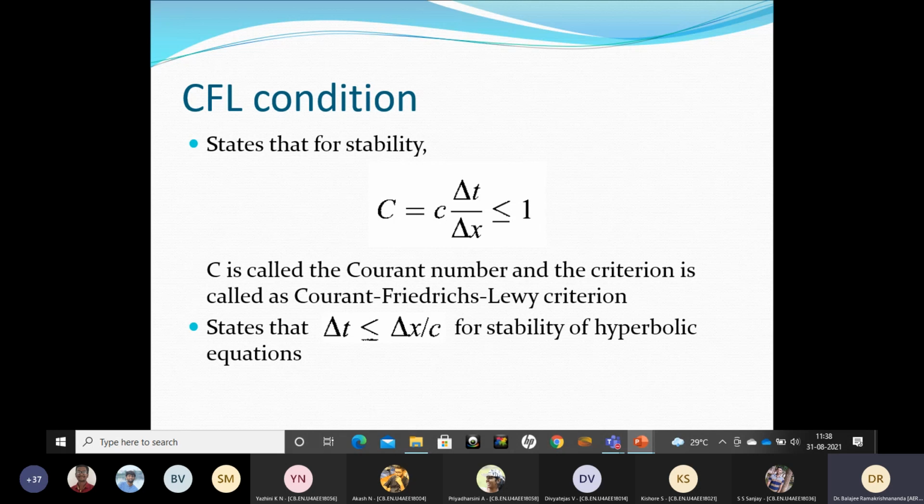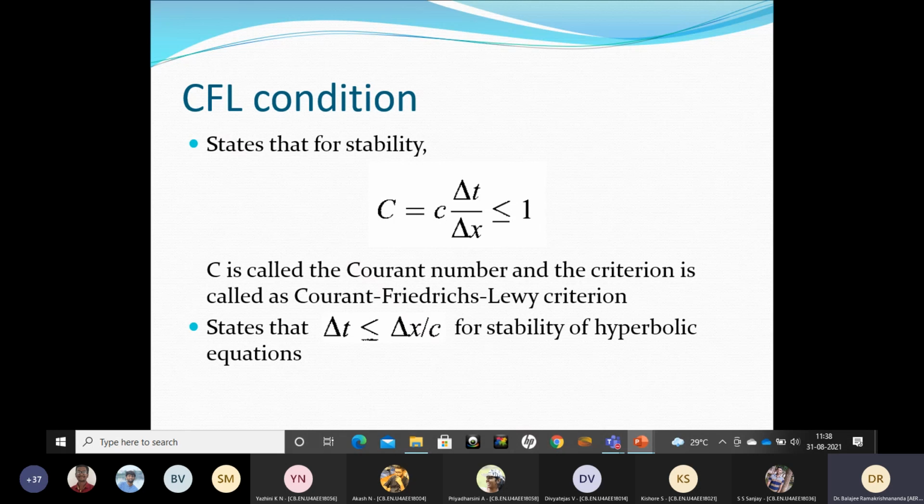So this is one important condition when the equation is hyperbolic. If the equation is hyperbolic, then delta t should be less than or equal to delta x by c. Although I have not done the derivation, this result is very important.